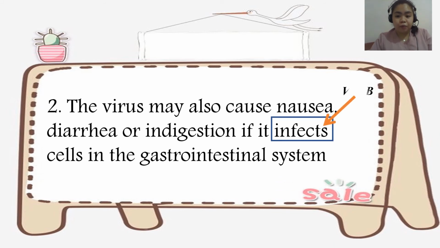So our verb here is infects. This one is in the S form because our subject here is it. It is not clearly stated here whether it is plural or singular. That's why our verb is in the S form.